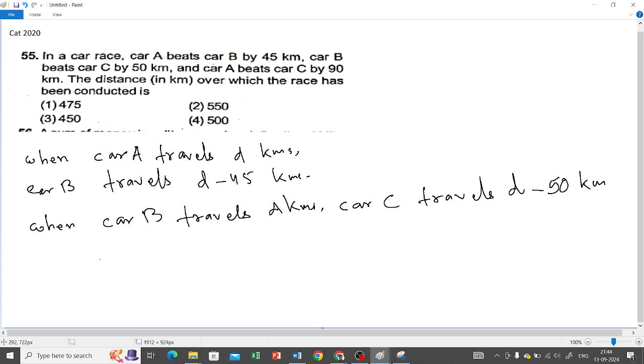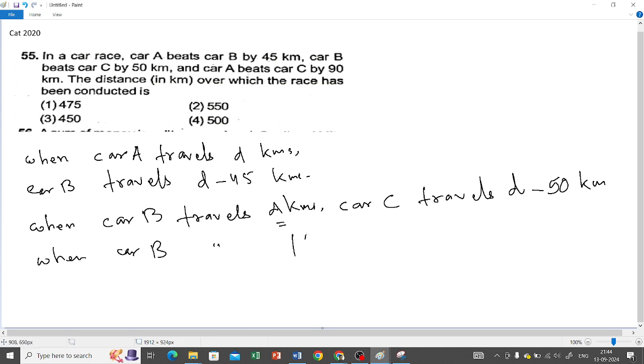So this is what we have. When car B travels d kilometers, car C has traveled d minus 50 kilometers.